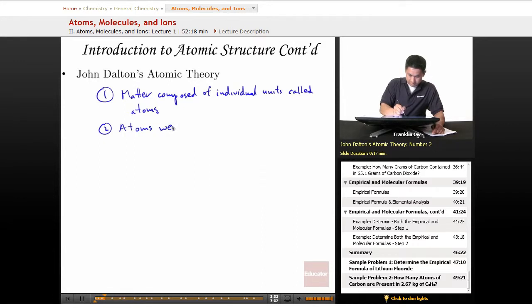Okay, so atoms were indivisible. Number three, the third premise of John Dalton's atomic theory was that atoms of one element were all identical to each other.